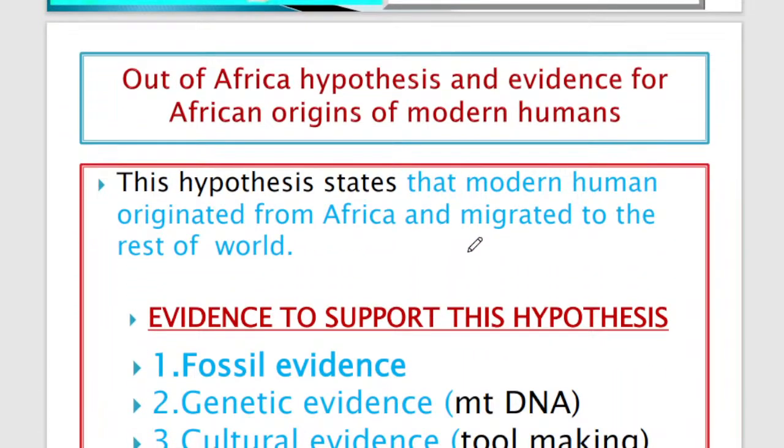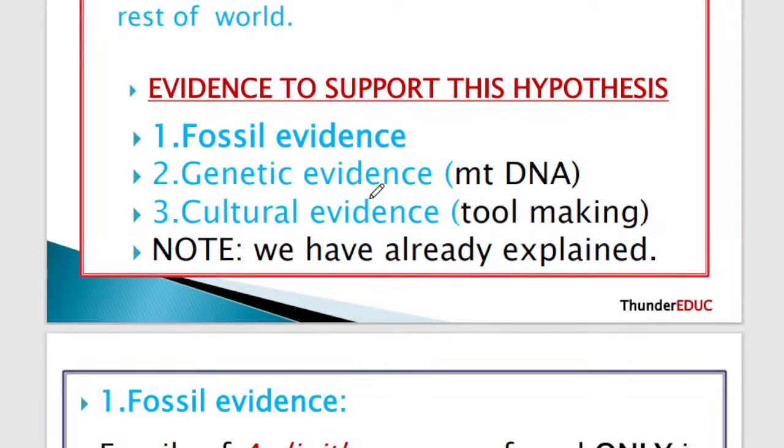So when they ask you about the out of Africa hypothesis, how do you describe the evidence here? Please know that when you talk about the out of Africa hypothesis, please explain fossil evidence. Don't give me an example of a fossil and think that your answer is correct. Your answer is not correct as long as it is just an example of a fossil, we will not give you a tick until you give us that this is evidence.